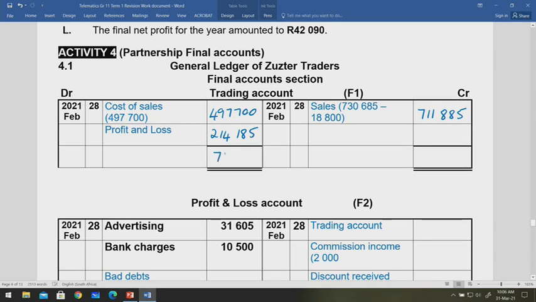This must close off. 711,885. No balance on a final account. That gross profit we transfer to the profit and loss, and we start our profit and loss with the gross profit.